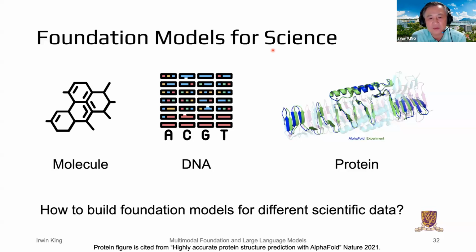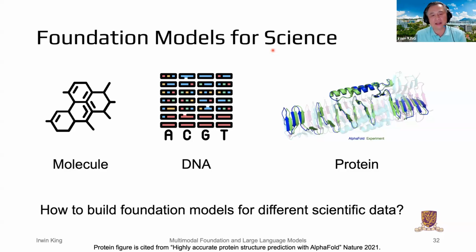Because each one of these, for example DNA, is just A, C, G, T. There are many different strands and many sequences. Molecules are the same thing, and proteins are the same thing. Now, obviously, DNA is easier because it's a string that you can work with. A molecule is a lot more complicated because it has a three-dimensional geometry. This three-dimensional geometry may not map easily into a string like a sentence.